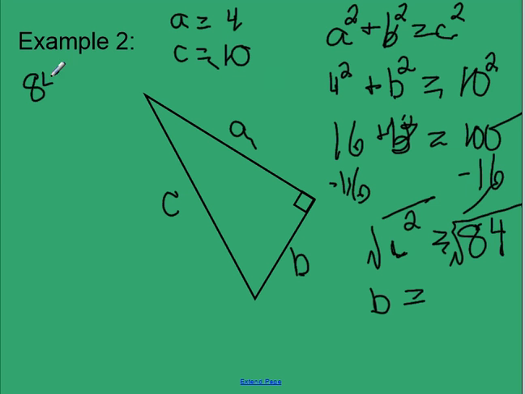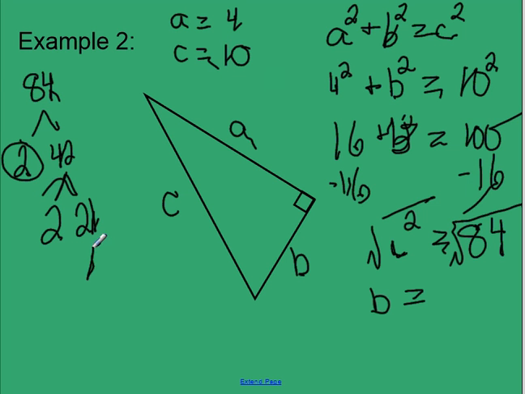So we've got 84. We split it down. Let's say we do 2 and 42. 2 is a prime number, so I'm going to circle it. 42 is 2 and 21.